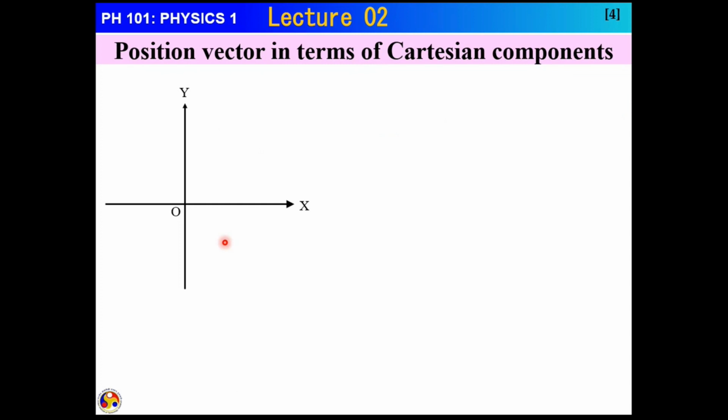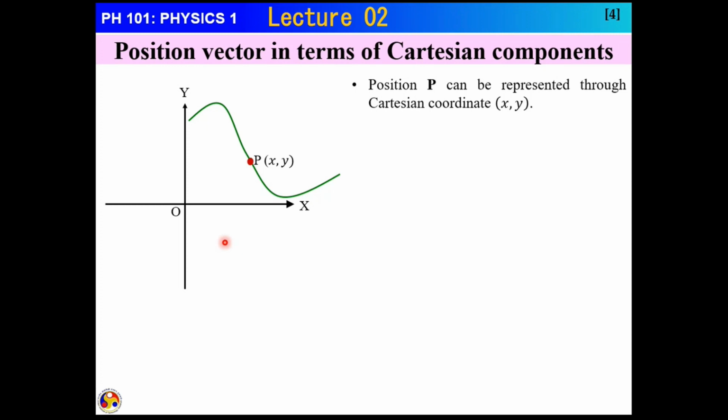Now we are going to define the position vector in terms of Cartesian components. Consider a point P on a curve. Position P can be represented through Cartesian coordinates x and y, which can be taken as the vector sum of two components, OA plus AP.